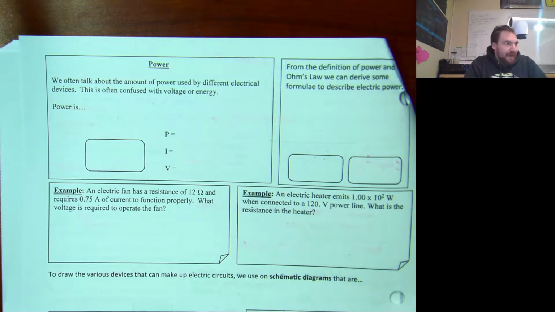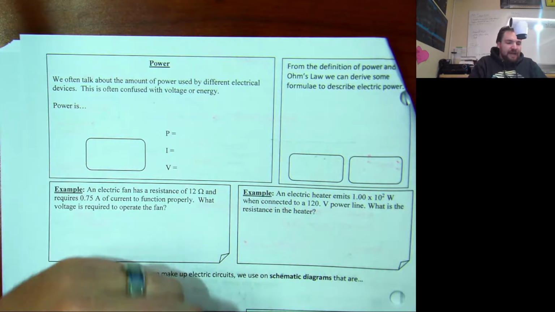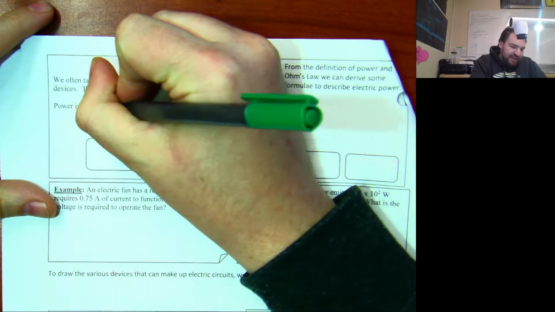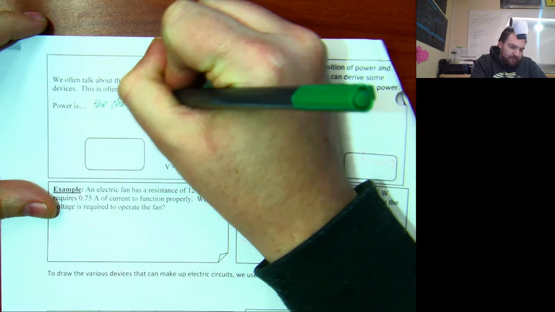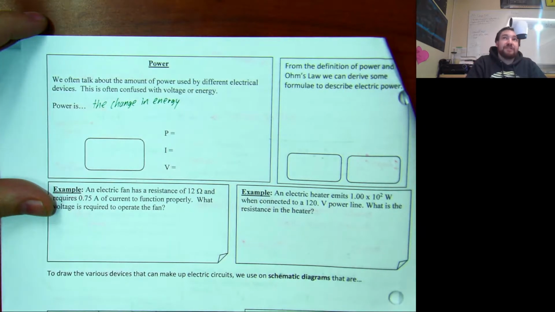So we've already talked about power. Power was equal to what? We defined it as work over time. Work over time in words, not just the equation, is the change in energy, because work is equal to a change in energy, and this is the formulation we want to use.